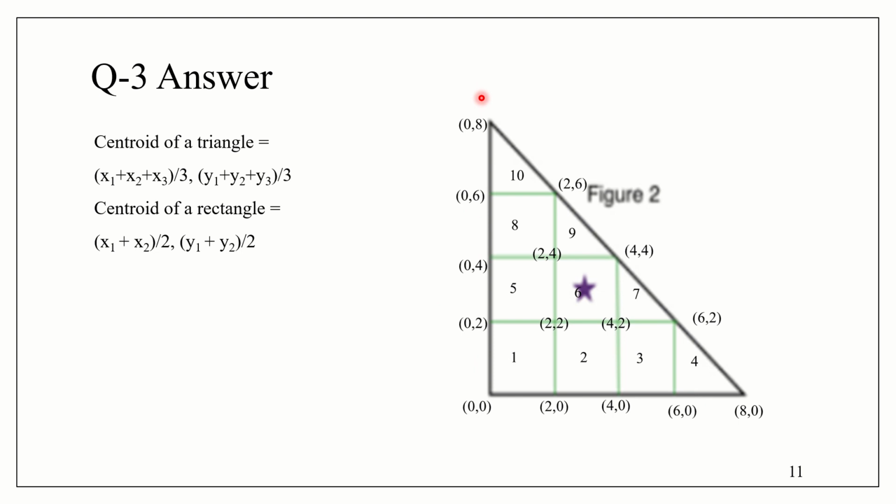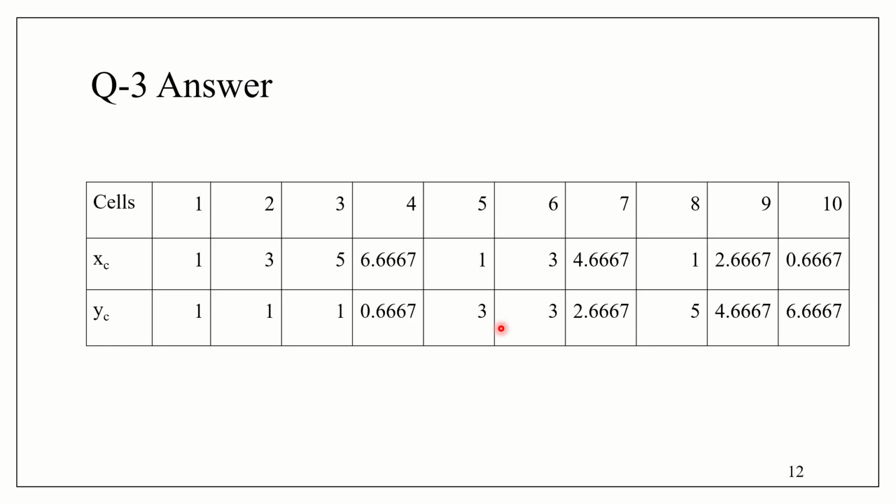These coordinates are just mentioned for ease of calculating, and similarly we have mentioned the coordinates of the vertices of each particular cell. After this, we are going to do the centroid calculation.